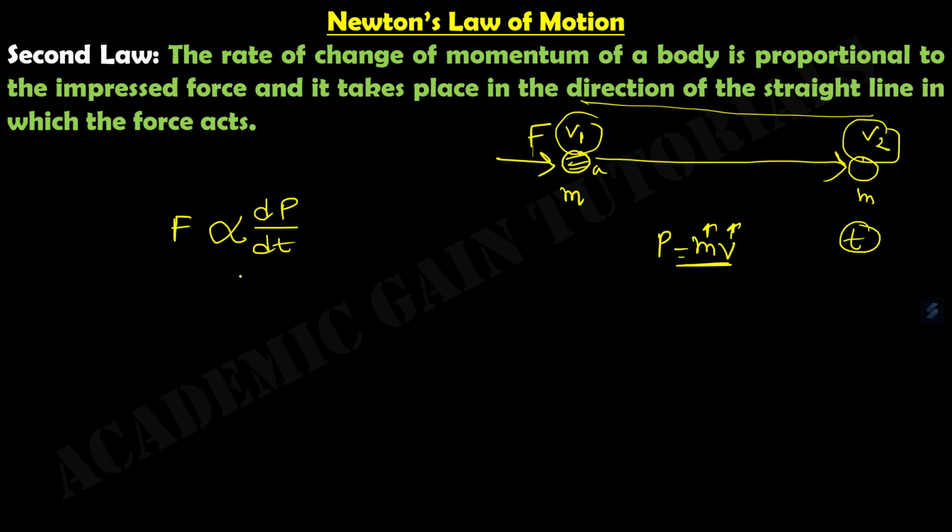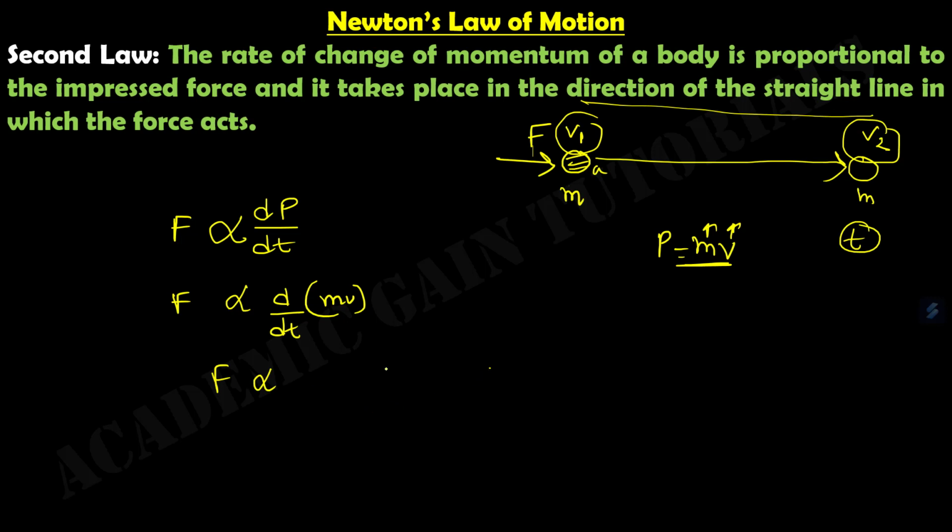So from that we can write, for p, mv, because instead of momentum we write the product of mass and velocity. So we can write F is proportional to d(mv)/dt.